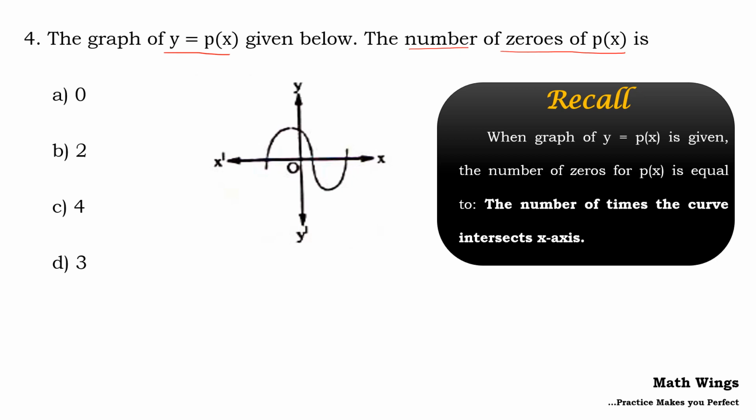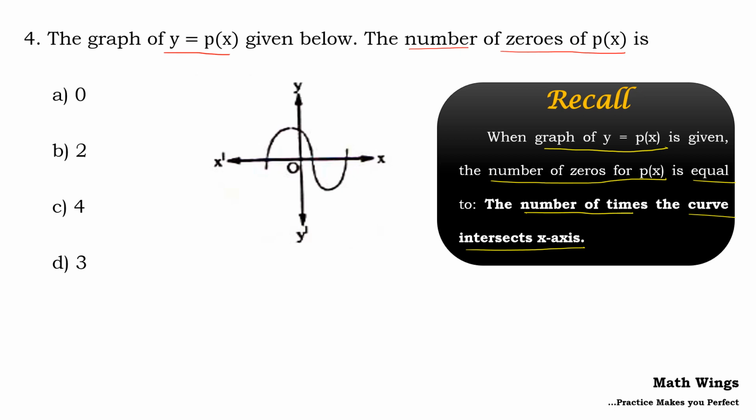When the graph of y is equal to p of x is given, the number of zeros of p of x is equal to the number of times the curve intersects the x-axis. So to answer this question, we have to see how many times the curve is intersecting the x-axis.